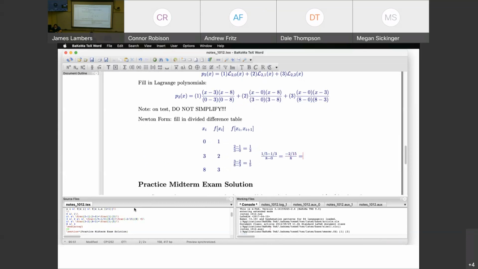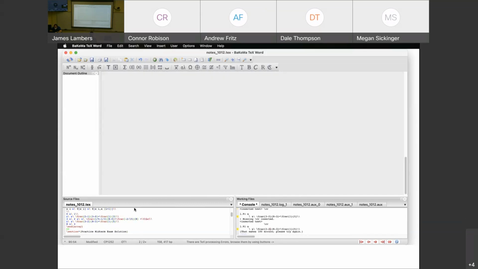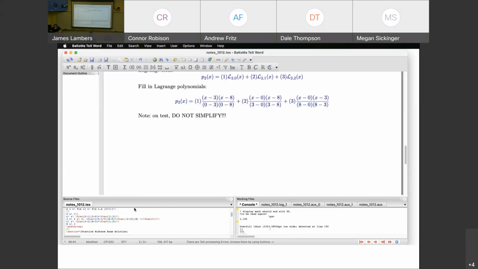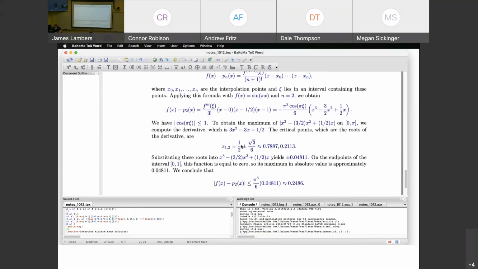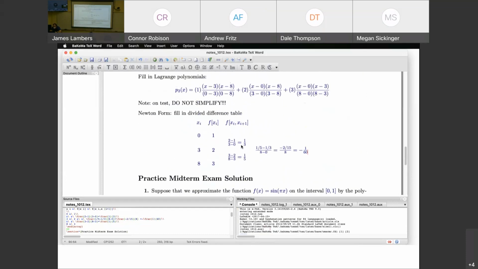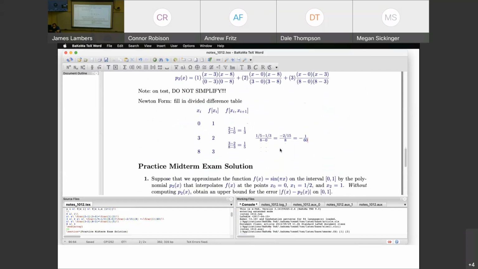Okay, so it's going to be, whoops, where'd it go? Okay. And then the divided difference table is complete.